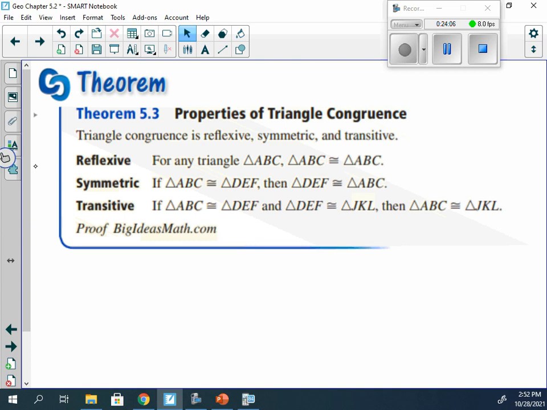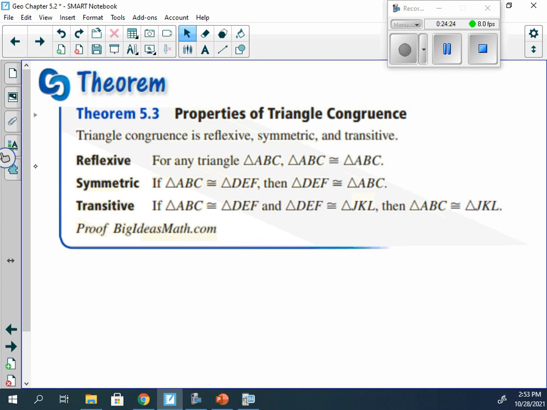So what we're looking at here is the reflexive, symmetric, and transitive properties. We can say this with congruent triangles. So the reflexive property of triangle congruency: for any triangle ABC, triangle ABC is congruent to itself.